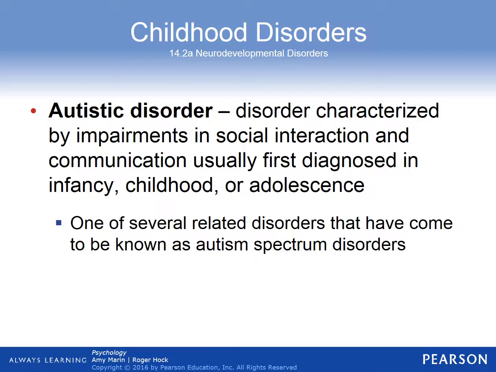You don't have autism diagnosed later in life, unless it was never properly diagnosed and it was lower on that spectrum. So the good news with autism is there's so much more known about it than there was 20 years ago. There are tons of different ways of treating it beyond the original behavioral interventions, but they still don't really know what causes it, and so they aren't able yet to prevent it.